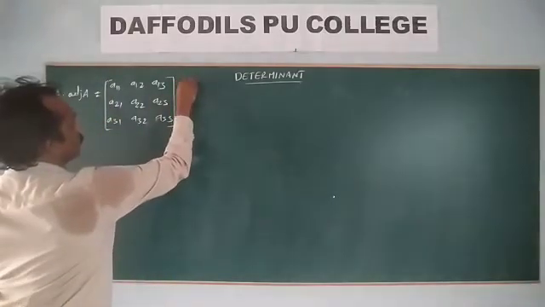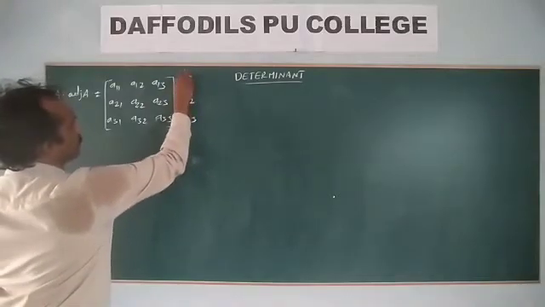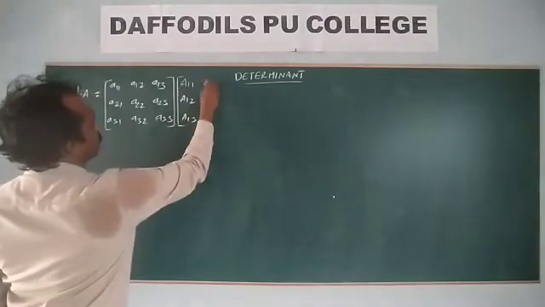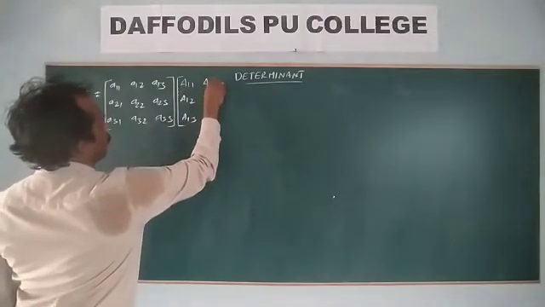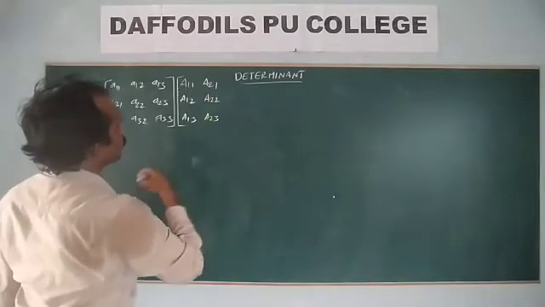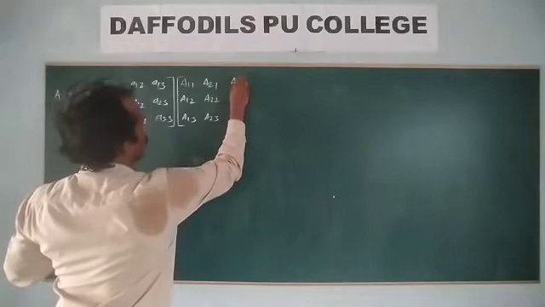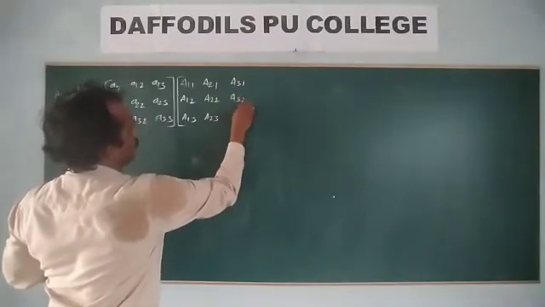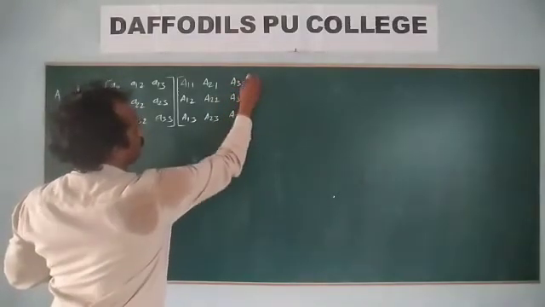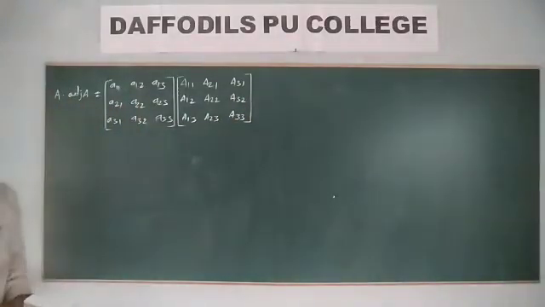Adjoint means A11, A12, A13. Next, A21, A22, A23. So that is this. A31, A32, A33. Right. A into adjoint.